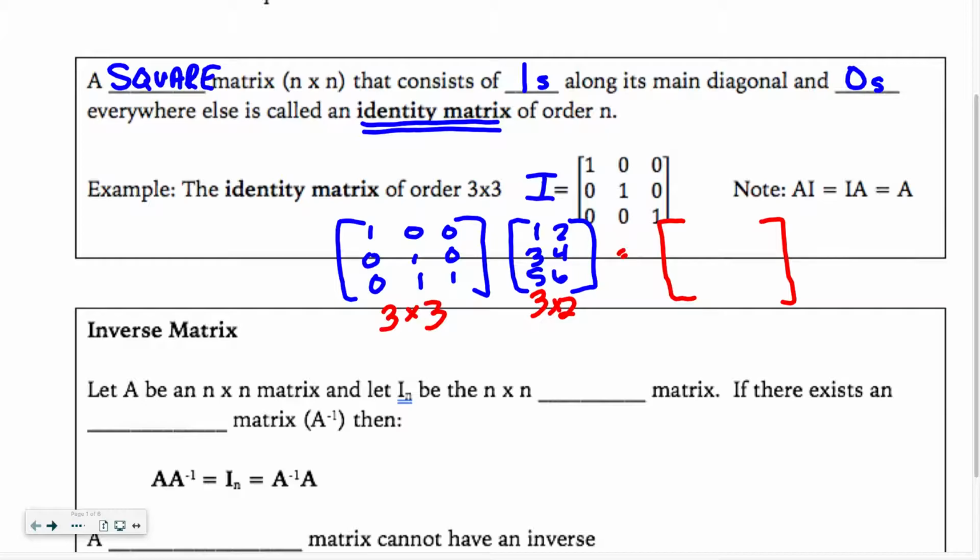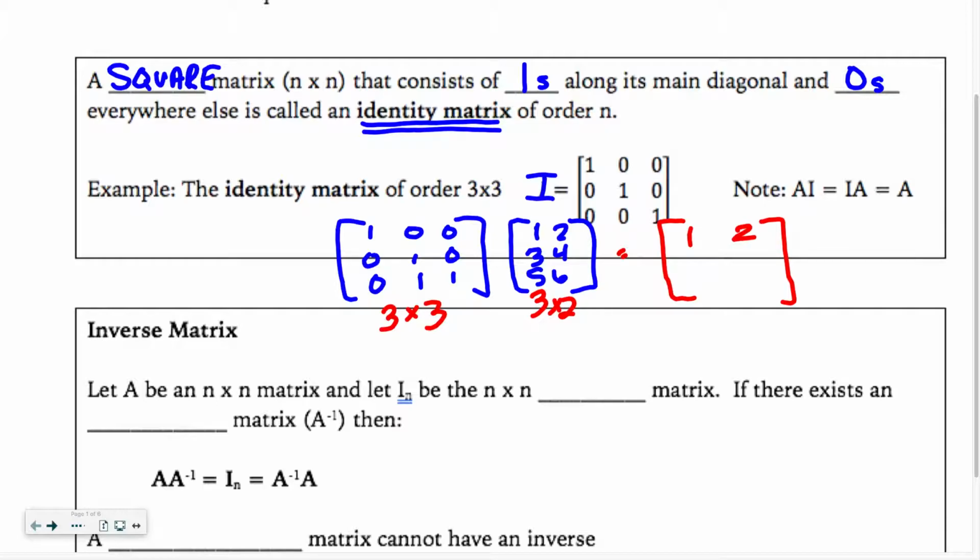If I did multiply, I would start by taking this first row, 1, 0, 0, and multiply it by this first column. That would be 1 times 1 plus 3 times 0 plus 5 times 0. So doesn't that just equal 1? Then I'll take that same row, 1, 0, 0, and multiply it by the second column. That'll be 1 times 2 plus 0 times 4 plus 0 times 6, which is just 2.